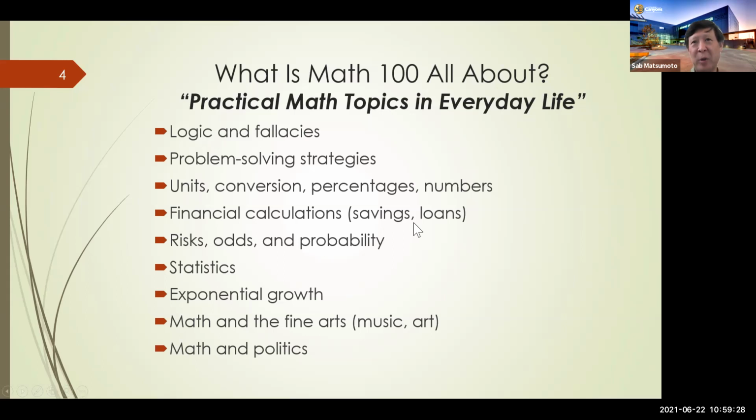Financial calculations, including compound interest, savings, and most importantly, perhaps loans, such as buying cars and buying houses. And then we study risks, odds, and probability. Statistics. Now, this is not a fully blown statistics course, our 5-unit course, but this is a chapter on the basics of statistics. And then we go into exponential growth, math and the fine arts, particularly music and art, and then math and politics. Okay.